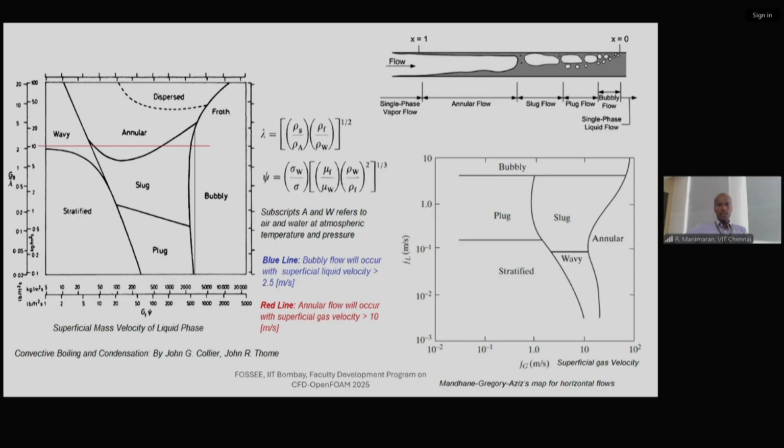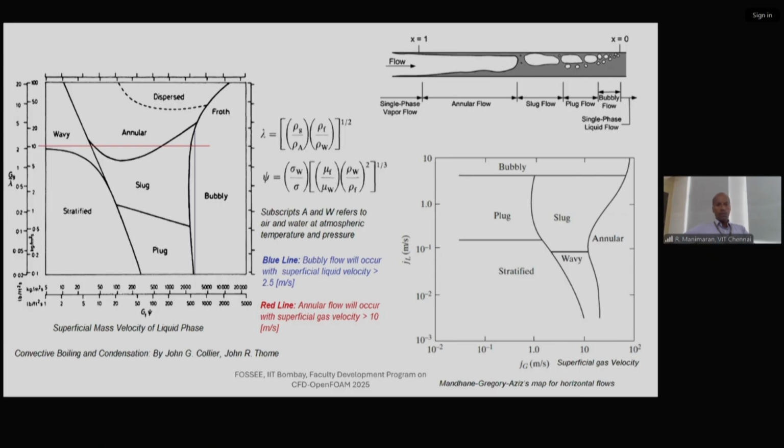Here you can see a stratified flow is available within about 200 kilogram per meter squared second of the liquid phase and 2 kilogram per meter squared second of the gas phase. Similarly, wavy is on top of the stratified, whereas accompanying the stratified is slug flow, or plug flow here, and then annular flow on top if you increase the gas flow rate, and further we have dispersed flow like a spray.